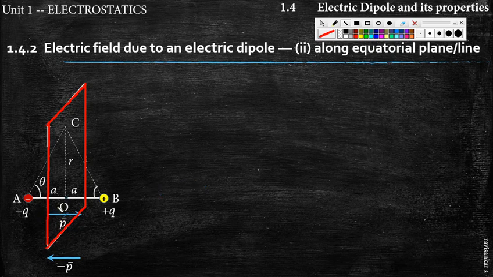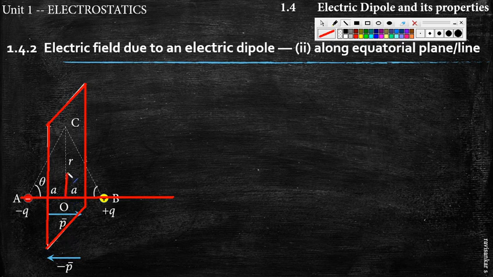Because it is passing through the center, which is not very clearly seen in the diagram, but of course it passes through the center. It is not a hollow plane, it's a solid one. So it passes through O, and also it is perpendicular to the axial line. So here is the axial line. This plane is perpendicular to the axial line, and hence this is the equatorial plane.